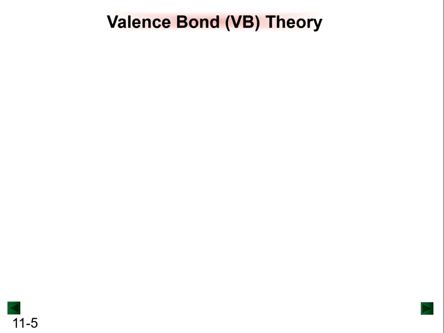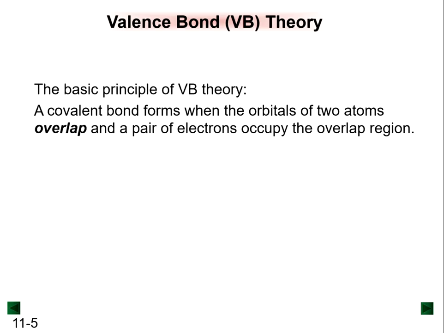So we'll start with valence bond theory. The basic principle of valence bond theory is that a covalent bond forms when the orbitals of two atoms overlap, and then a pair of electrons from the reacting atoms occupy the overlap region.